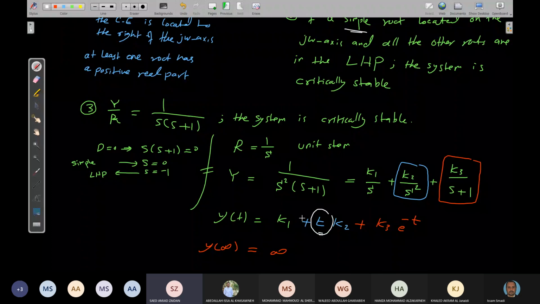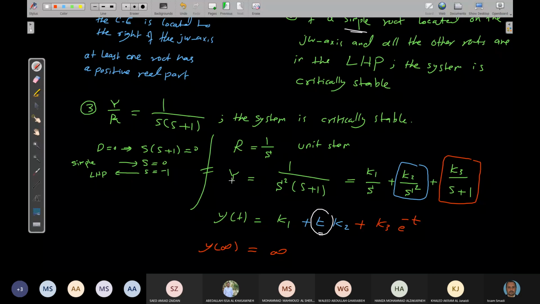So simply this states that the critically stable system produces a bounded output to a bounded input, except for an input whose frequency matches the frequency of the simple root. The frequency of the simple root is 0, on the j omega axis at the origin.